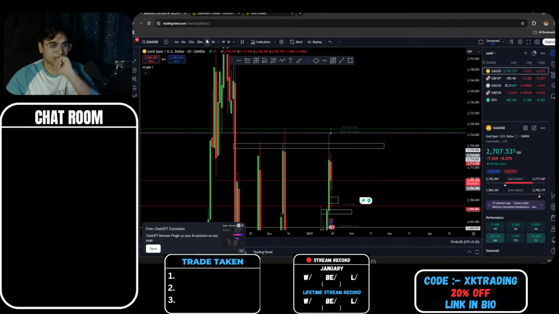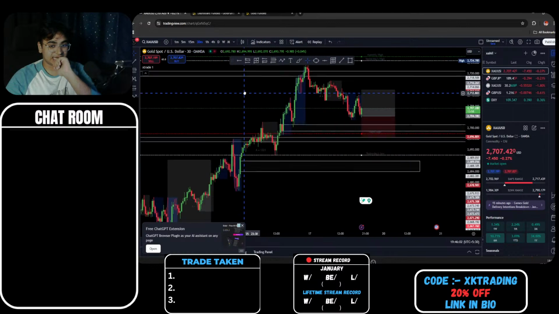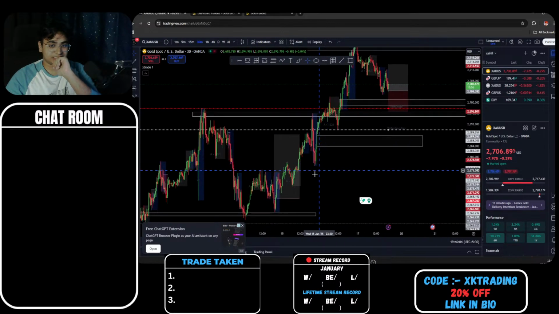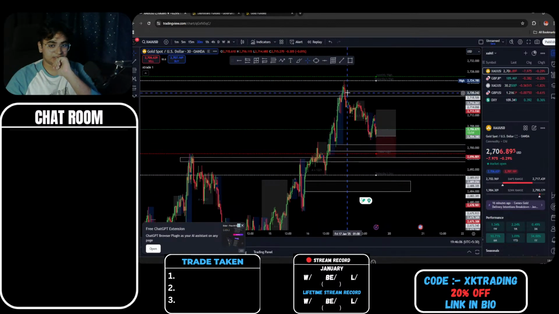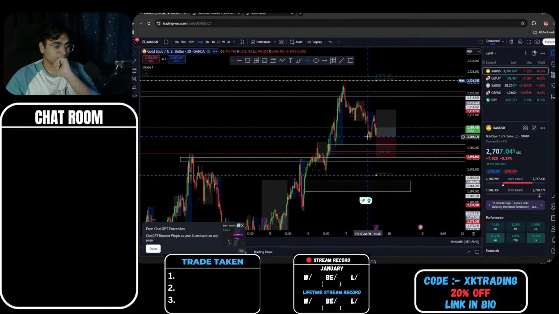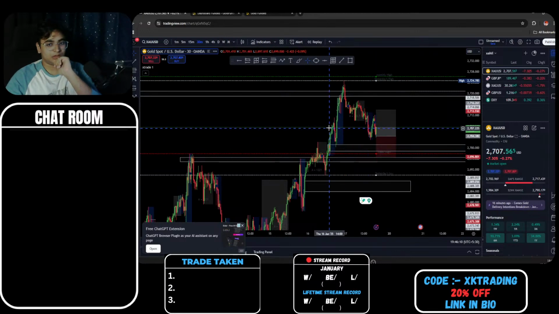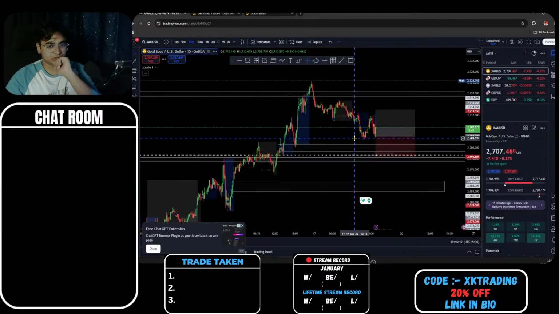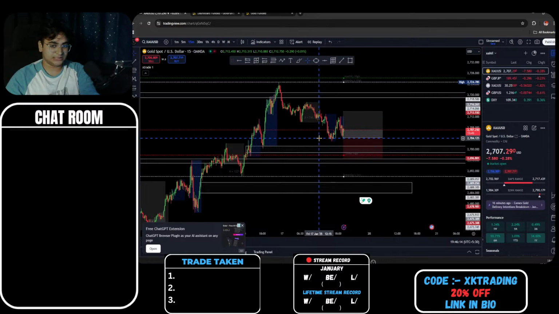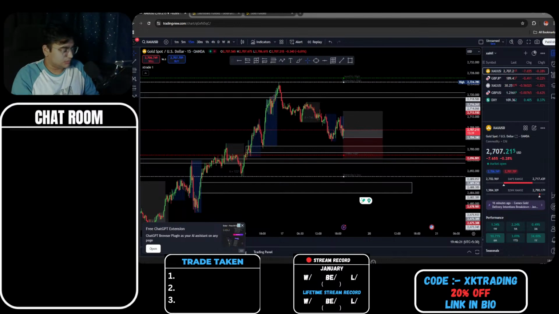The only reason I'm taking a buy right now is because we are still in an uptrend. We're still in an uptrend here, and there's a high probability we can still move forward. There's not much data at this point that we can see, because there is no news today, right? Let me check.